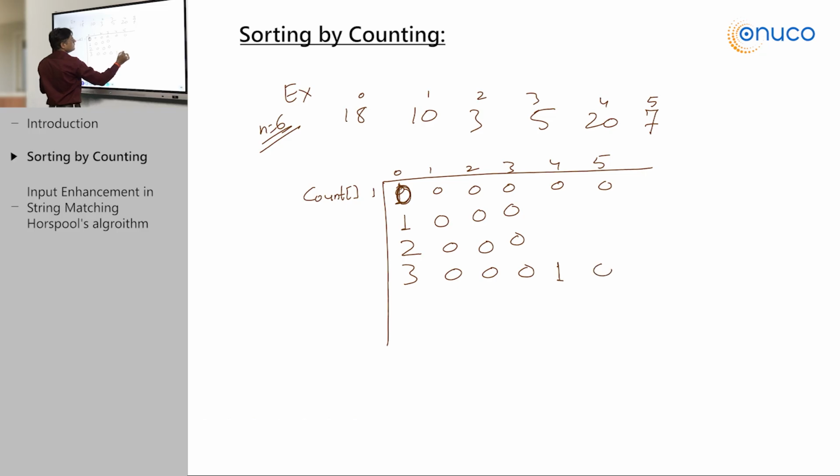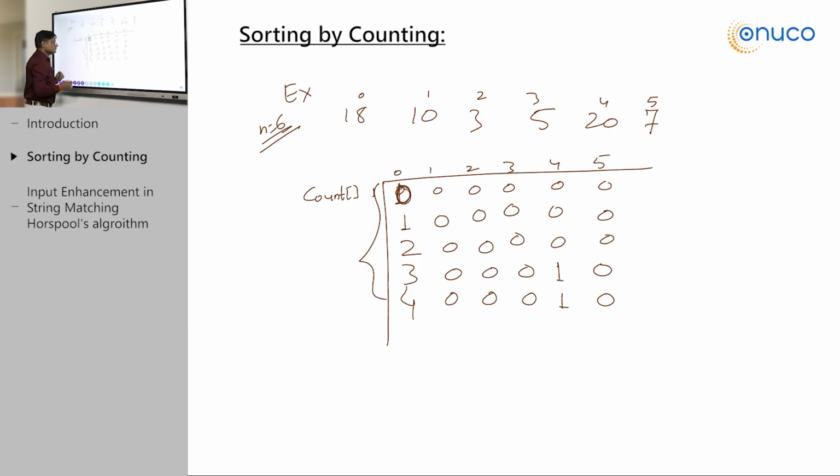Similarly, we are going to compare 18 and 7. 18 is greater, hence this becomes 4. This is 0, 0, 0, 1, 0. So, after this one iteration is completed, we got the values of 18 is greater than how many elements. And how many elements are greater than 18? That is only one element. So, this is the first iteration.